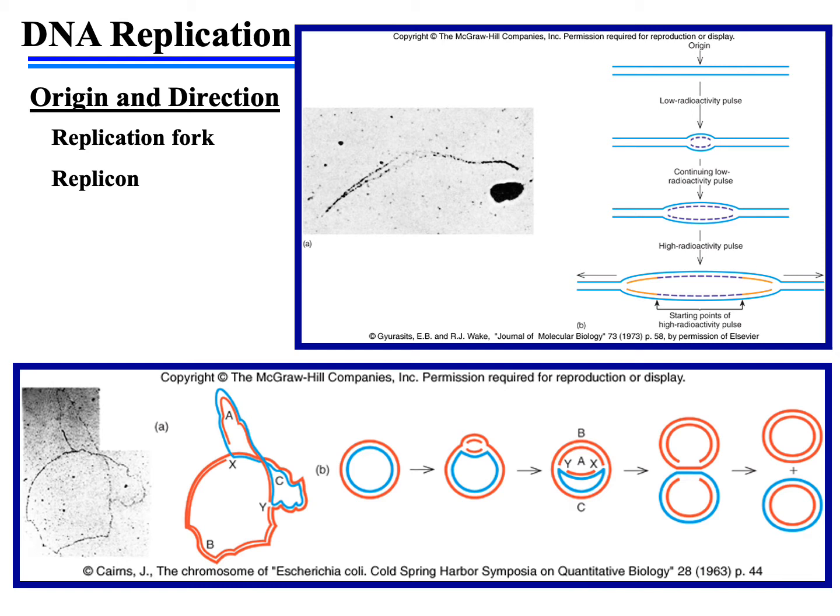And this too was done by a number of different types of studies, including the use of radioactive material to determine where active replication is taking place. If you look in particular at the top figure in this particular slide, what you're looking at is the use of radioactivity to, again, detect where active replication is occurring.